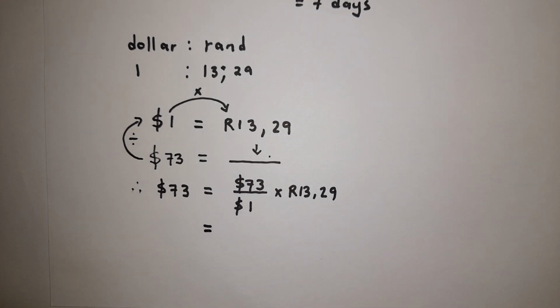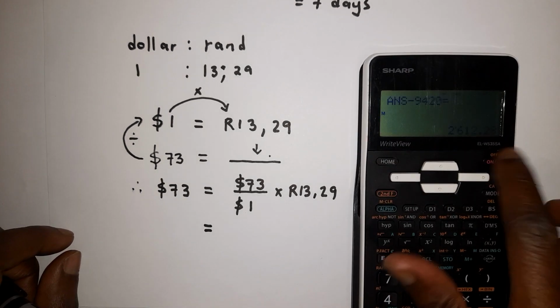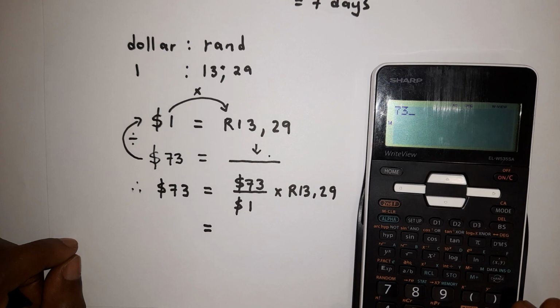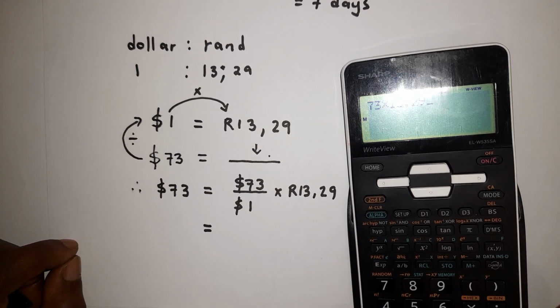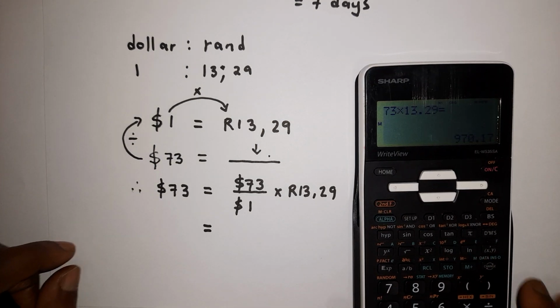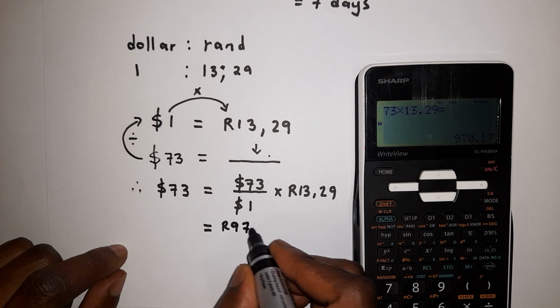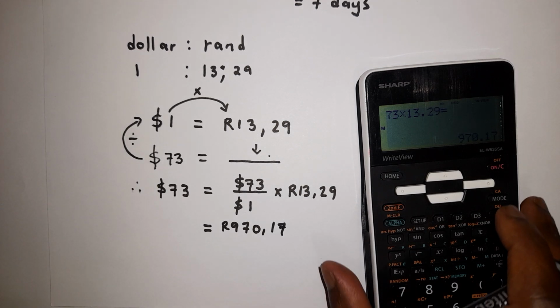Right, quick calculation. This gives us 73 times 13 rands and 29 cents, giving us an answer of 970 rands and 17 cents.